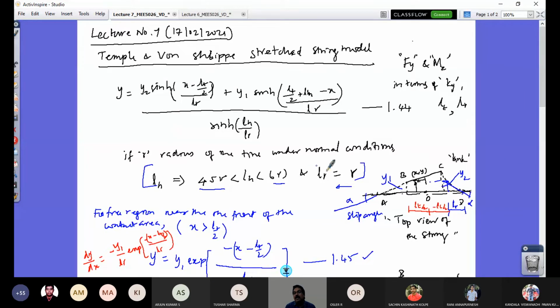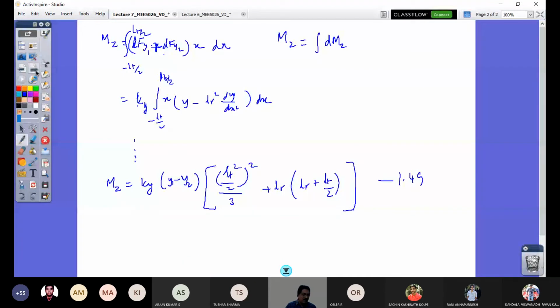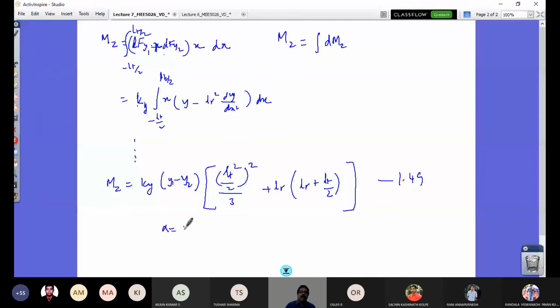So tan alpha here, it's easy. It is the slope of this line BC. So I have this coordinate, I have this coordinate. Coordinate of B I know, coordinate of C I know. So I would be able to write my slope. So this alpha equals approximately tan alpha for a small angle alpha.